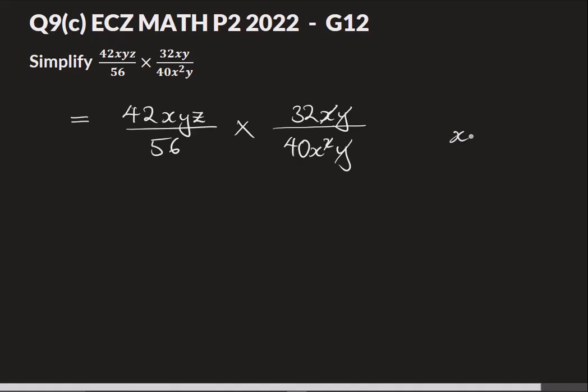What that means is we have x to the power 1 minus 2. If we work this out, it will be x to the power negative 1. Since we are left with x to the power negative 1, we can convert this back to the original form, and hence we will just be left with an x in the denominator.